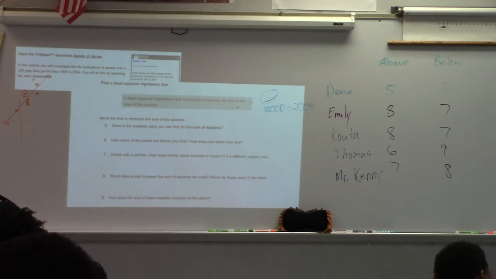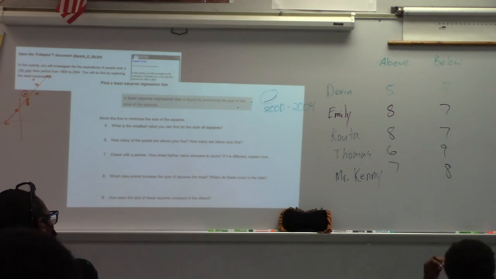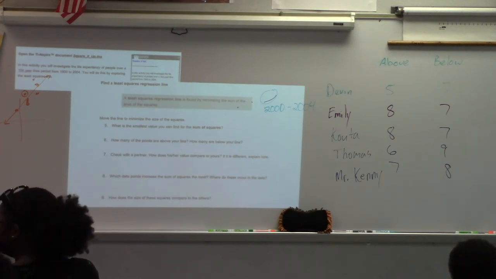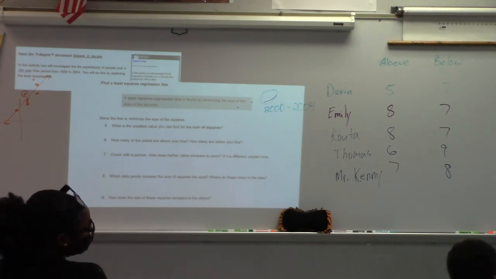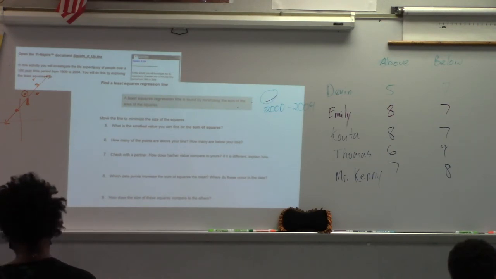Buddy, the answer for 6 is based on your graph, and pick any of these up here for number 7. I can't tell you the answer because you didn't do what you're supposed to do on the calculator yet. You sat there and chose not to do what I asked you to do, bud. Excuse me?